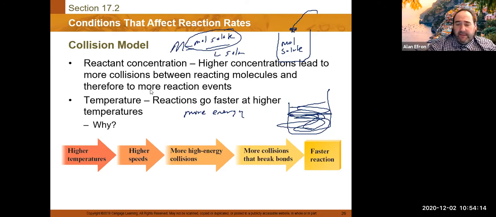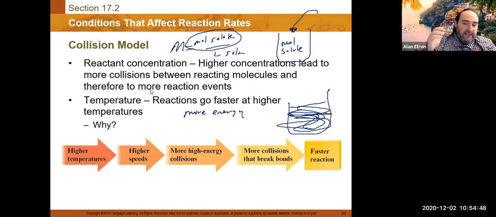Just because of the higher temperature, everybody has more energy, everybody's moving around a lot faster, and it takes a lot less time for everybody to come in contact with each other and really kick off a reaction. The opposite would be true as well. If you lowered the temperature, if you did this reaction at room temperature, or after you put everything in hot water and let it sit there for a while, or you did everything in an ice bath, you would probably see that in a lot of reactions the ice bath would typically happen a lot slower.